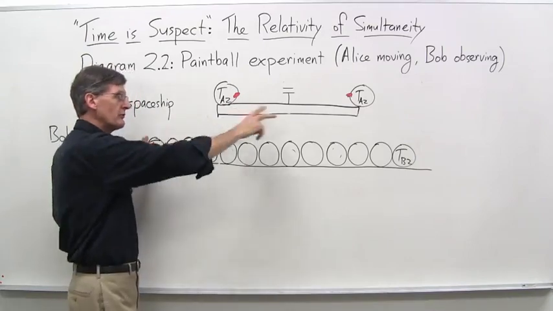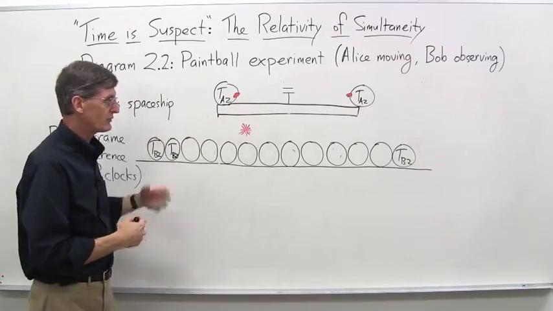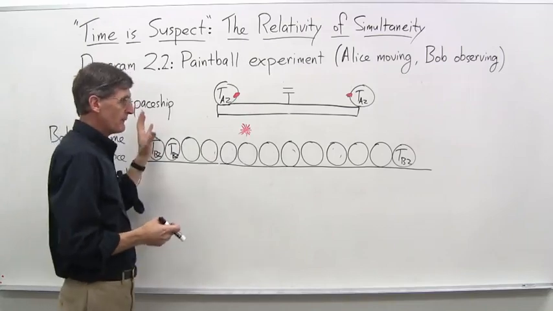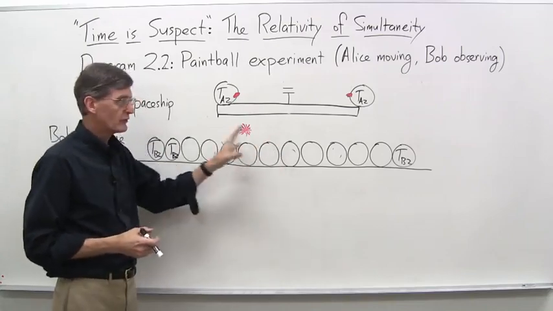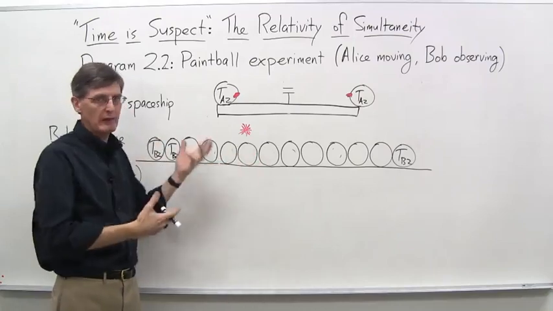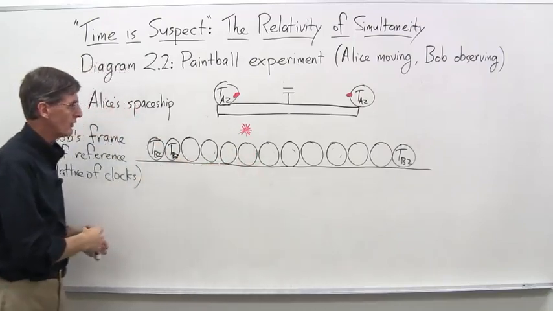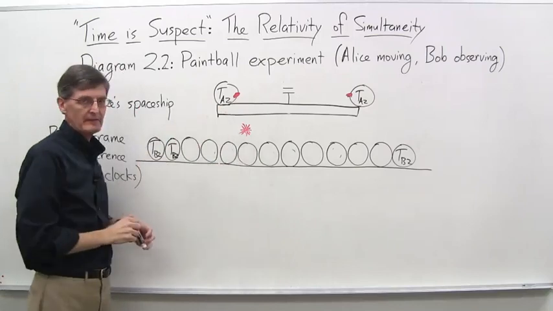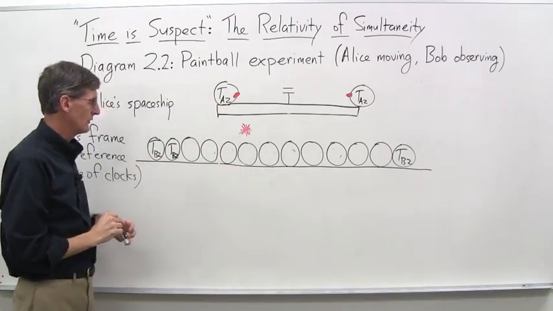If we were doing this experiment with paintballs and things were traveling near the speed of light, this analysis wouldn't be correct. But we're just going to assume regular situations, where speeds aren't very great. We're dealing with paintballs, of course, and therefore the paintballs will hit at the same time here.